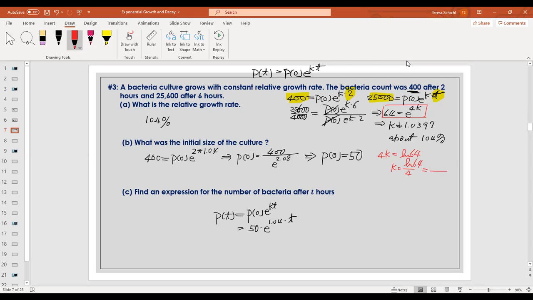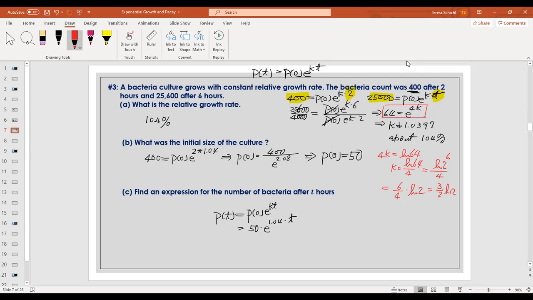And then people will say, okay, natural log 64 is natural log of 2 to the 6th power, correct? Now you can move the 6 to the front. So this is 6 over 4 times natural log 2, or you can say 3/2 natural log 2. Some people like to put it in this way. That's fine. It doesn't matter.